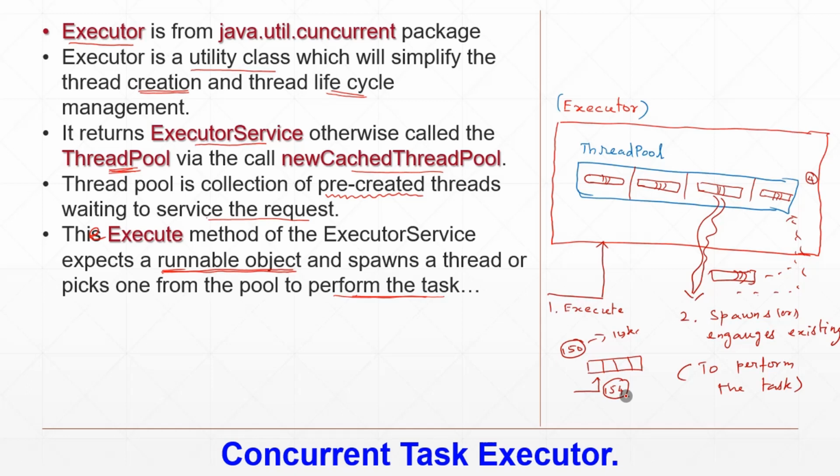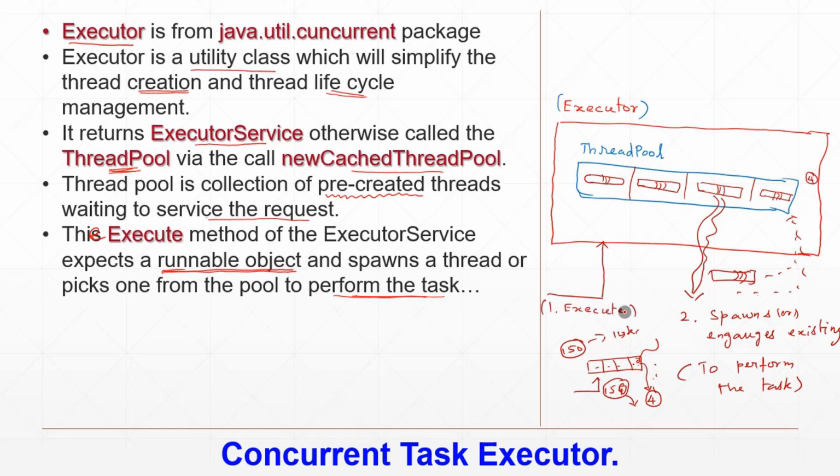Then there will be a delay of 10 seconds for 4 people. Why? Because there are only 150 threads, all threads are consumed, and for these 4 requests there will be a wait time. When some request is serviced, the thread will be returned to the pool, and it knows that there is a queue waiting for service, so it will be engaged there. The same way the executor service also works. We can have a collection of threads in a thread pool, and we can assign the task.